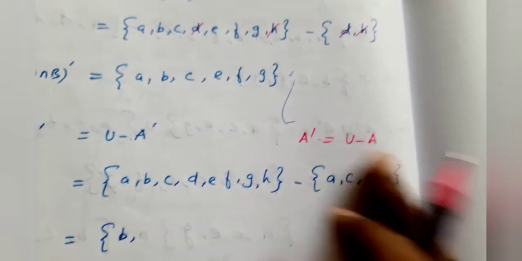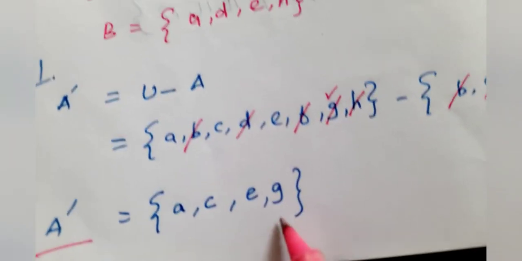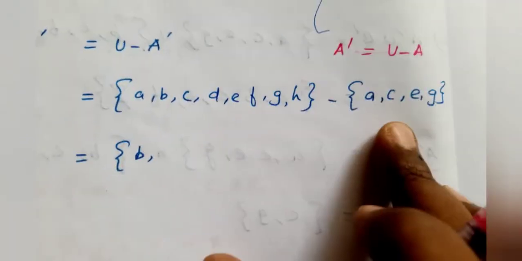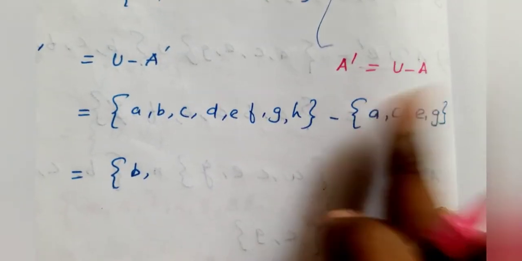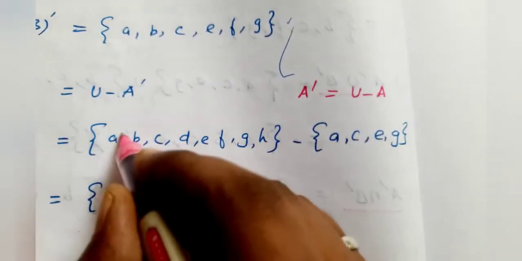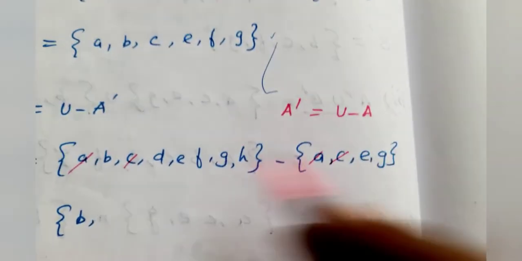Previously, in the first subdivision itself, we found A dash equals A, C, E, G. Now we follow the same procedure: cancel the common elements and subtract the A dash.